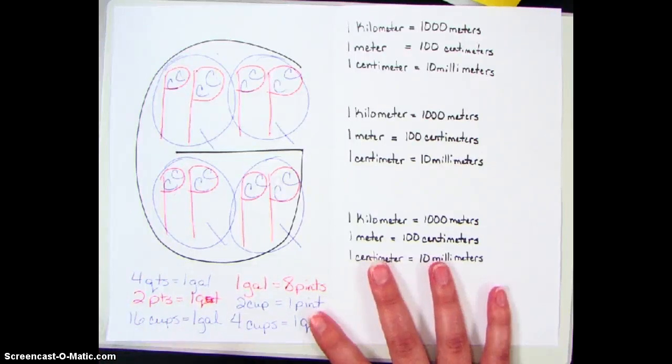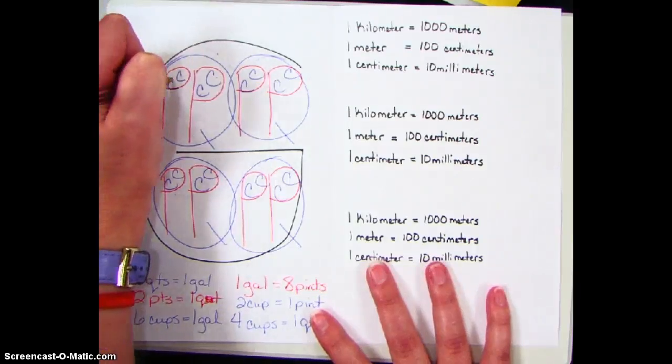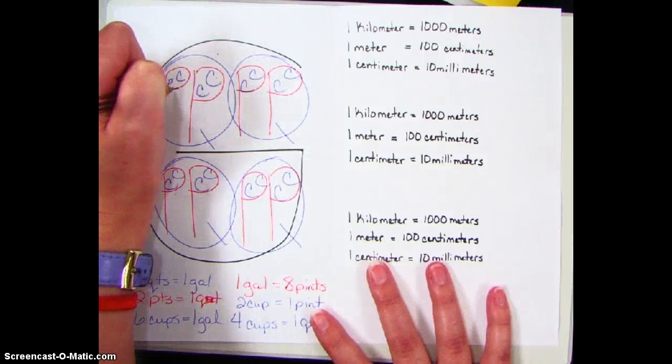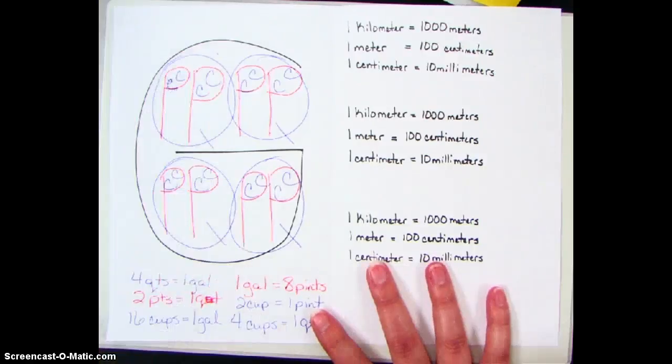There's one more conversion. 1 cup is equal to 8 fluid ounces. And what I usually do here is I say, okay, 1, 2, 3, 4, 5, 6, 7, 8, 8 little slashes on each cup. So 8 times 2 would make it 16. 16 ounces is equal to 1 pint.